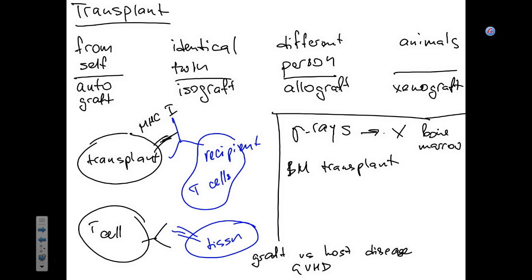If you suppress a patient and the patient has a latent infection, what's going to happen to the latent infection? It will become acute. Does that make sense?